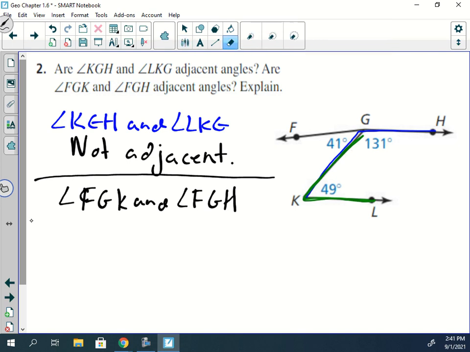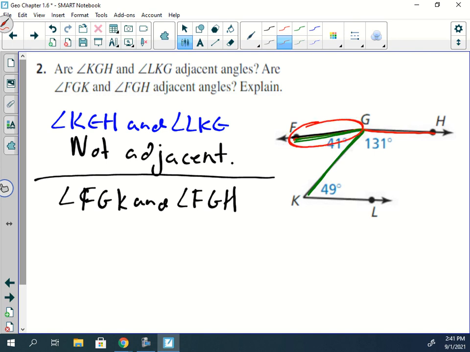Do these two angles have a common vertex? G and G, they do have a common vertex. Do they have a common side? The common side is F to G, yes? So they have a common vertex and a common side.